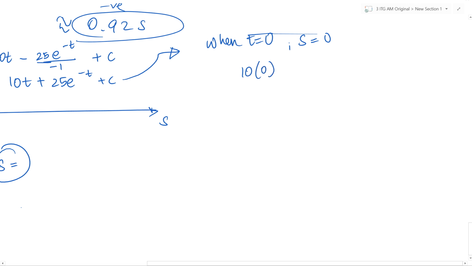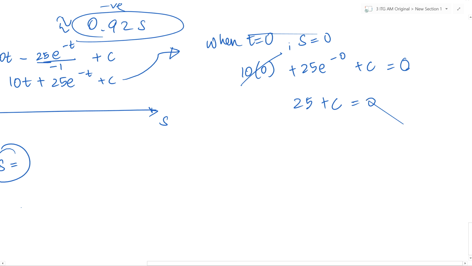10 times 0 plus 25e power negative 0 plus c has to be equal to 0. Okay? Now this is just 0. 25e power 0 is 25, plus c equals 0. Does that mean that c equals 0?